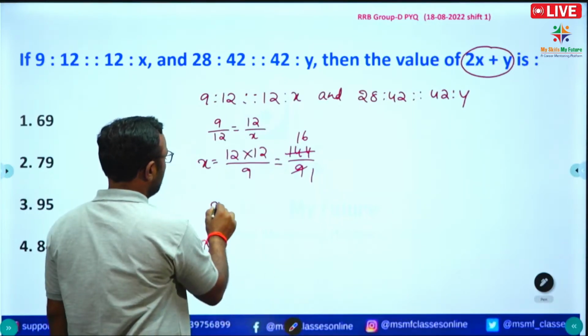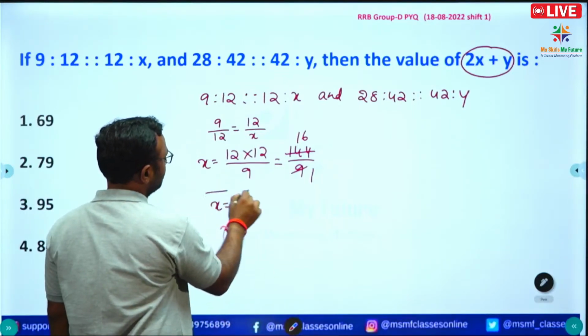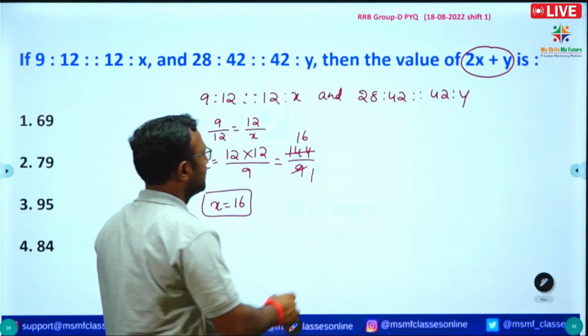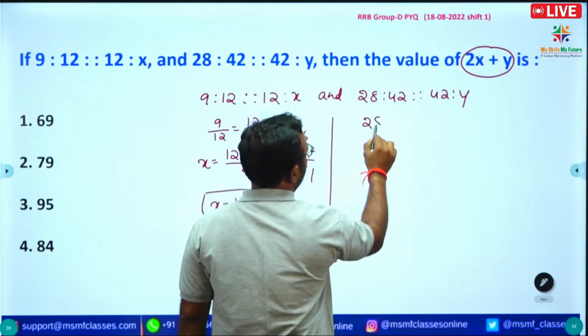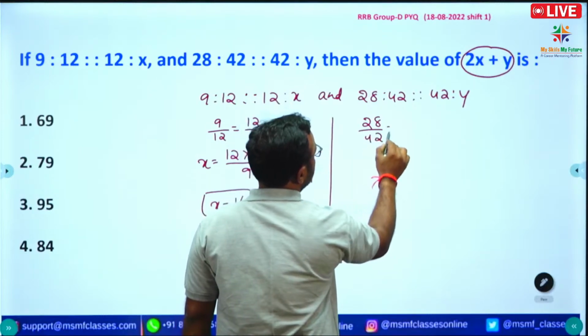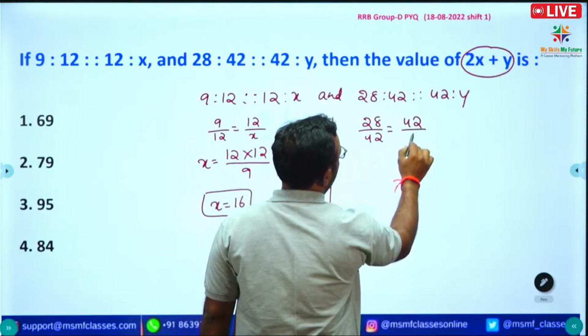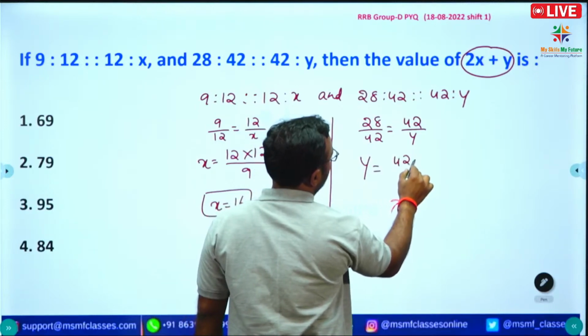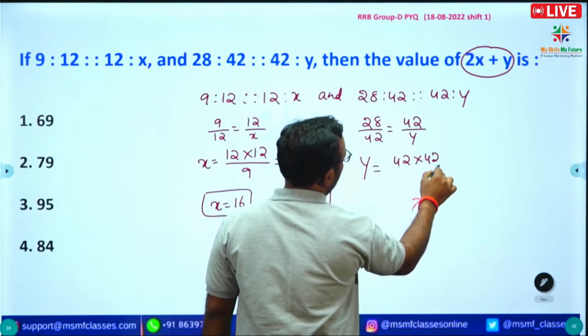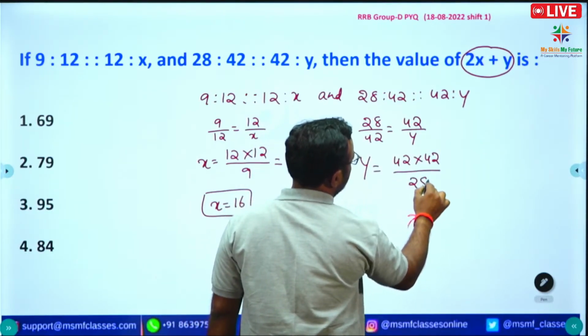So x equals 16. Here we can write 28 by 42 equals 42 by y. Then y equals 42 into 42 by 28.